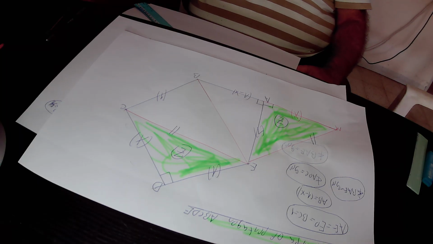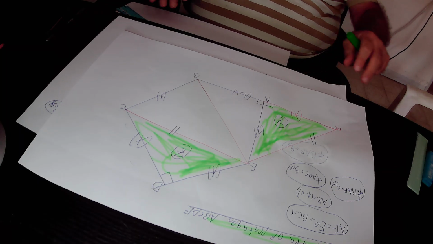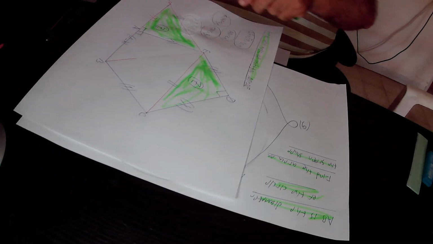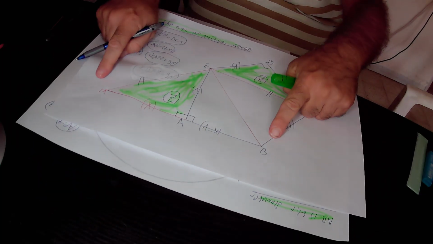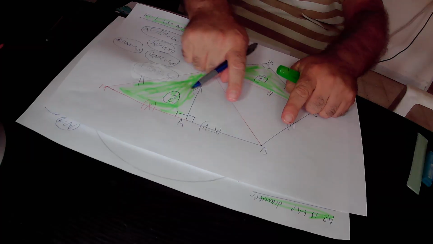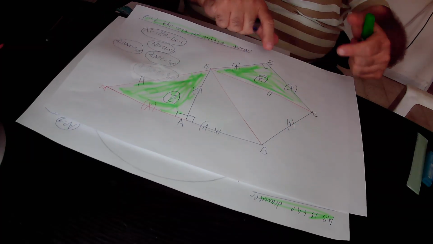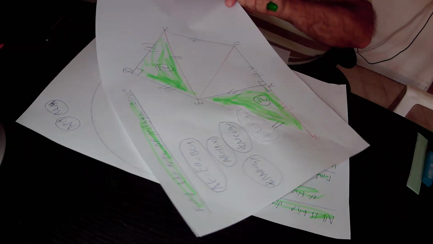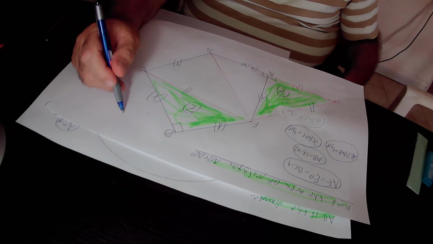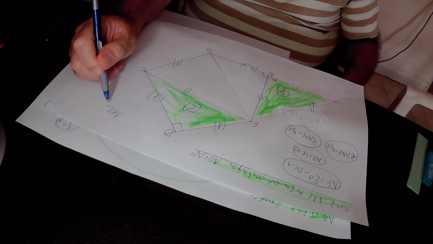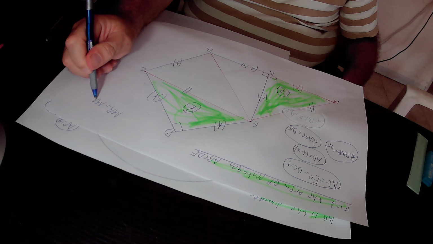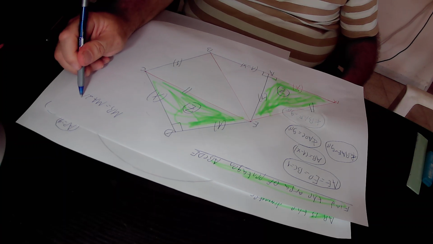In the next step, we calculate the length of MB. MB equals MA plus AB.